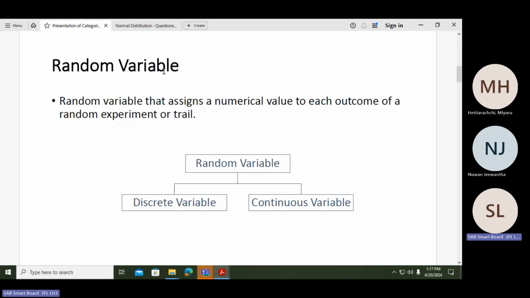Then we move on to get the probability value of these respective outcomes. Now you know the probability, no? Probability means possibility. Then we want to calculate the probability value corresponding to these experiments. How do we get that? We can use the tree diagram.